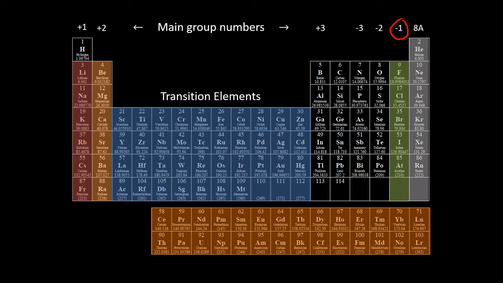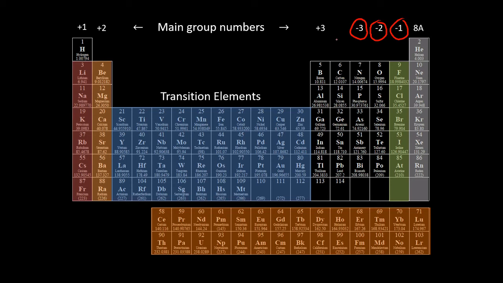Because as soon as it gains that 1, it's like a noble gas. The next column over needs to gain 2. Oxygen needs 2 more electrons to be like neon, whereas nitrogen needs 3. So everything in this column will tend to be -3.